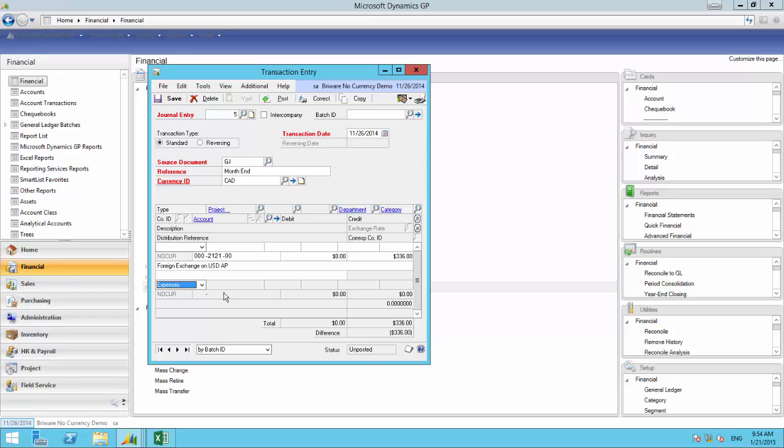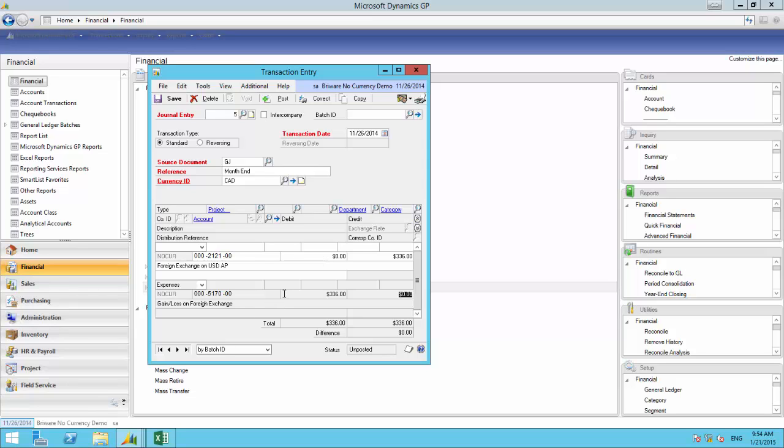Then we're going to hit our gain or loss account with the debit of 336, so we have an expense amount here of $336. Then we'll post that, and our month end is complete for accounts payable.